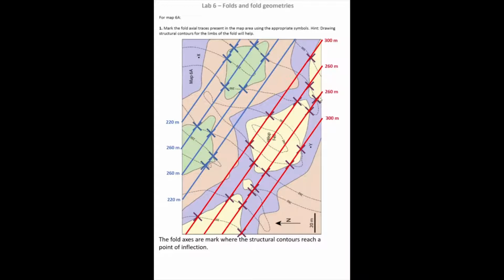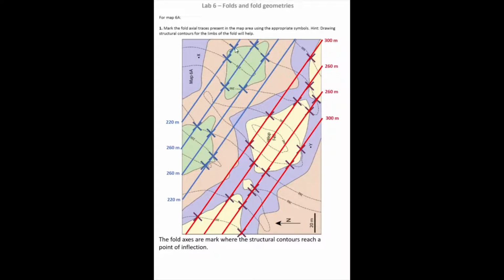Then it goes down to 260 meters. Then it's at 260 meters again, and then it goes back up to 300 meters. So we can assume that as we go from here in this direction, we're going down, down, down, then we start going up, up, up. So the point of inflection for our fold hinge in the southern half of our area is between the 260s structural contours.